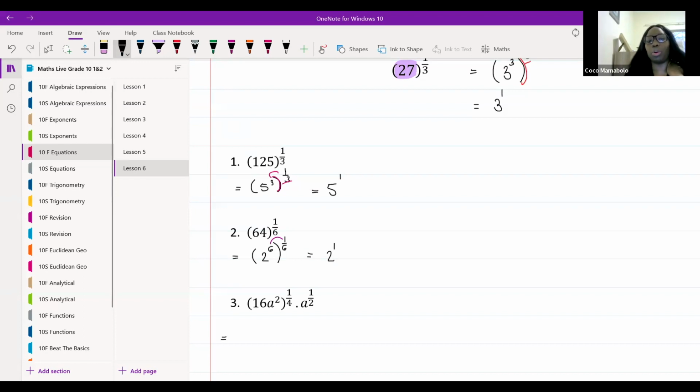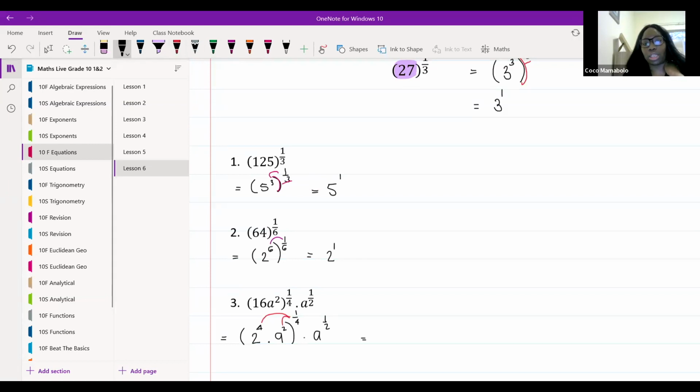Now, this one over here is a little bit more tricky, right? Because I need to do both things over here. I'm going to rewrite 16 as a product of its prime factors. So that's going to give me 2 to the power of 4 multiplied by a squared, all of this to the power of 1 over 4, times a to the power of 1 over 2. So 1 over 4 times 4, and then 1 over 4 times 2.